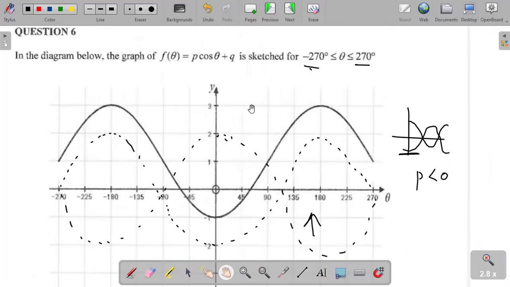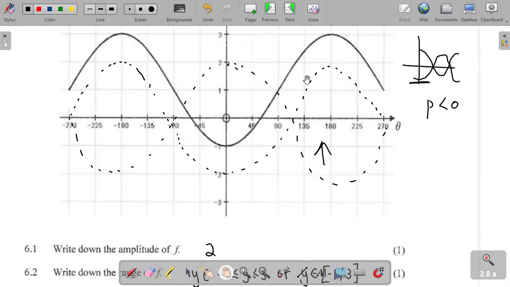Okay, we can start with the asymptotes. Let us use an eraser here.